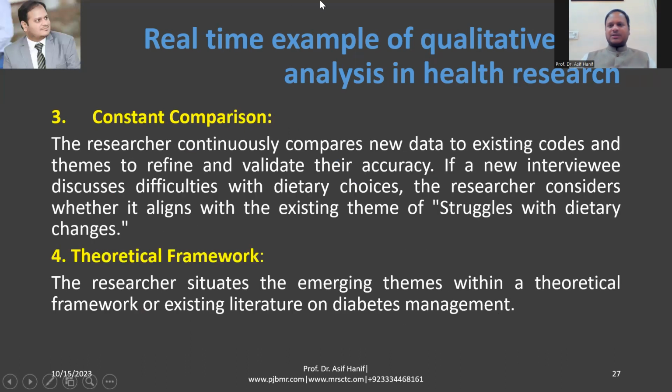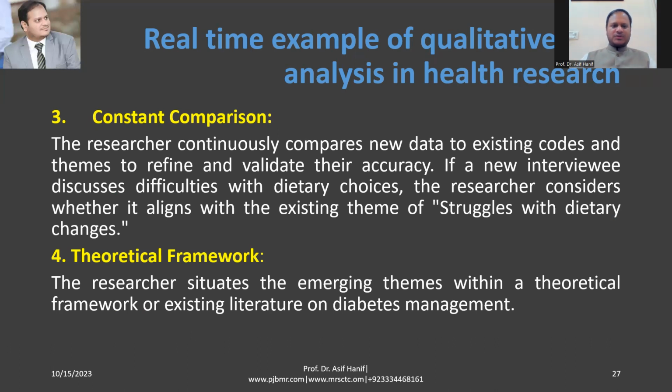Then constant comparison. You add more people. The researcher continuously compares new data to existing codes and themes to refine and validate their accuracy. He keeps collecting data and comparing with the existing themes and told stories.